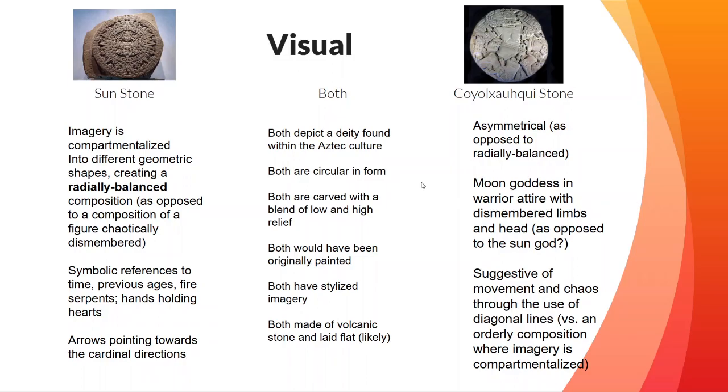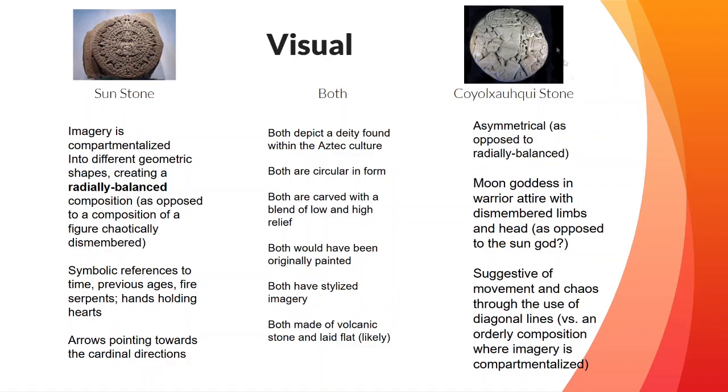If you look at the difference between the sunstone and the Coilcoxi stone, you can really see how these are both super similar, but very different at the same time. We have that radial balance on the sunstone versus asymmetrical, that pinwheel kind of balance on the Coilcoxi stone. We have in the sunstone symbolic references to time and ages, and we have serpents and hands holding hearts, and it's very unified and not so chaotic, very designed, organized, right?